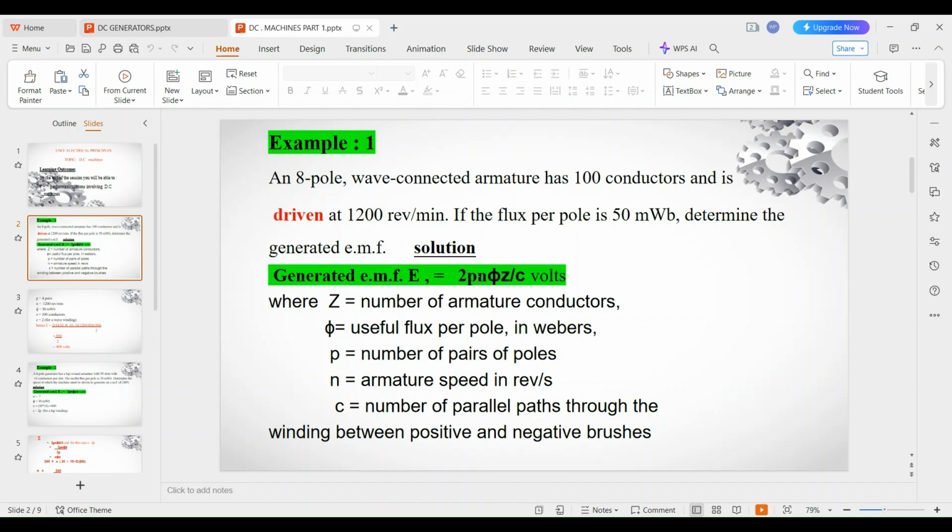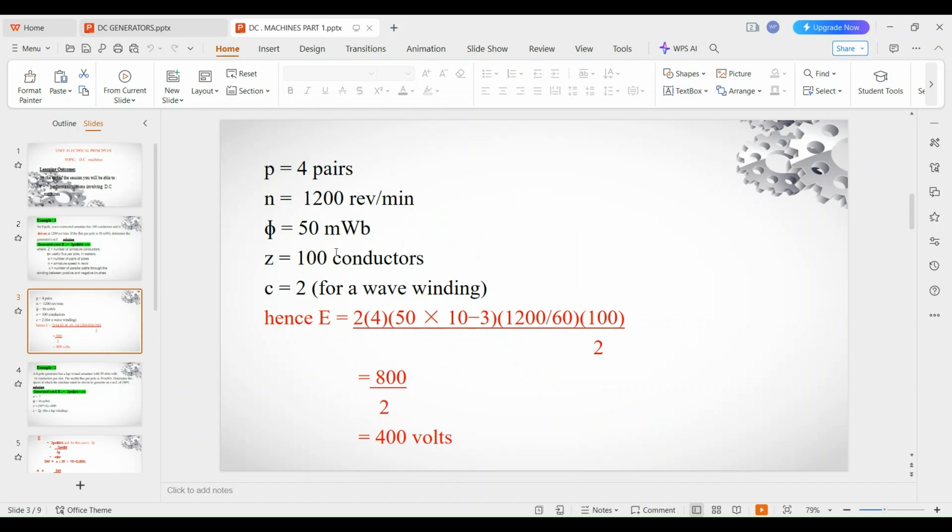So E will be given by 2 into 4 into 50 milliwebers times 1200 revolutions per minute. We shall change this into seconds, so we divide by 60 because 1 minute is equal to 60 seconds. And also we shall multiply by Z, which is the number of conductors.